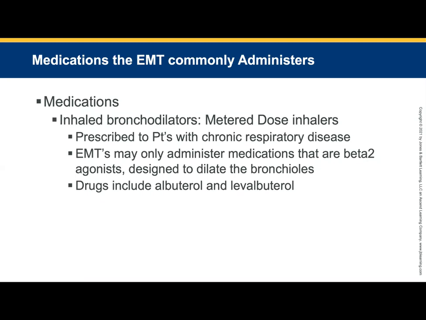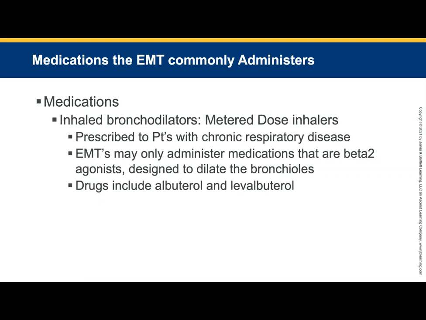All right. So here's what a beta-2 agonist is. Beta-2 adrenergic agonists are a drug used as a mainstay treatment for respiratory disease, such as bronchial asthma and COPD. Albuterol is used to prevent and treat difficulty breathing, wheezing, shortness of breath, coughing, and chest tightness caused by lung disease such as asthma and chronic obstructive pulmonary disease, COPD.